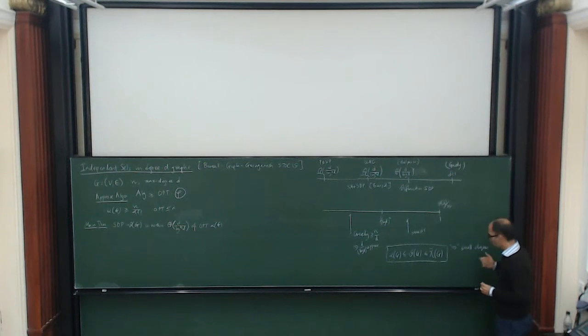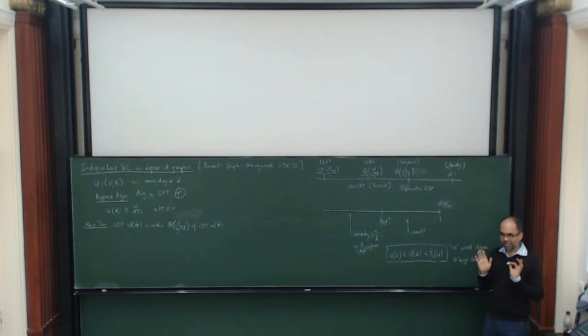Now, if my graph has small cliques, what do I know? What does Ramsey theory tell us? If a graph has small cliques, it has large independent sets, large stable sets, by Ramsey theory. And if I have large stable sets, then I should get a good approximation out there.